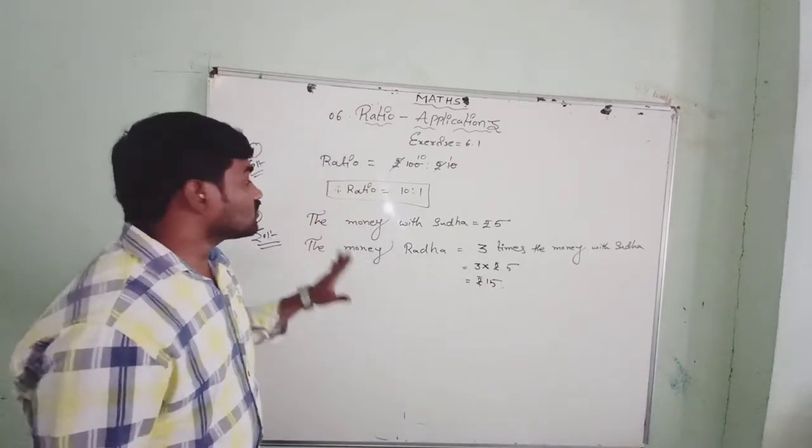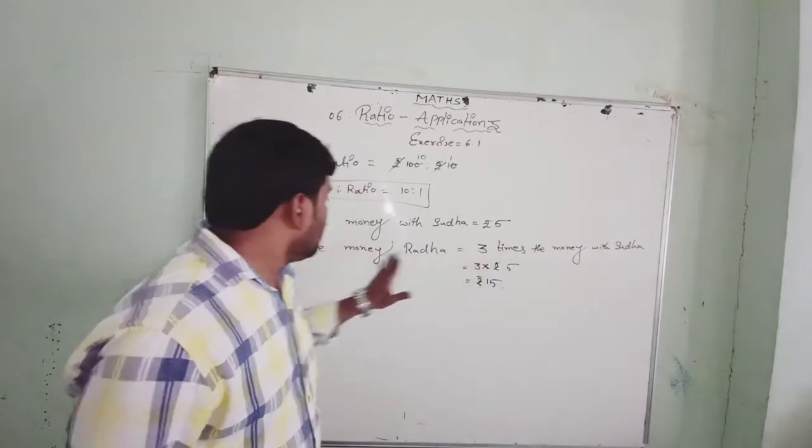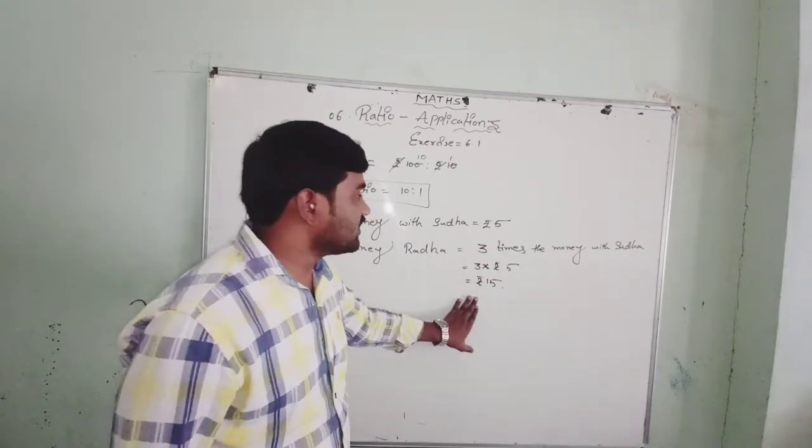Now you might have understood that the money with Sudha is 5 rupees and the money with Radha is 15 rupees.